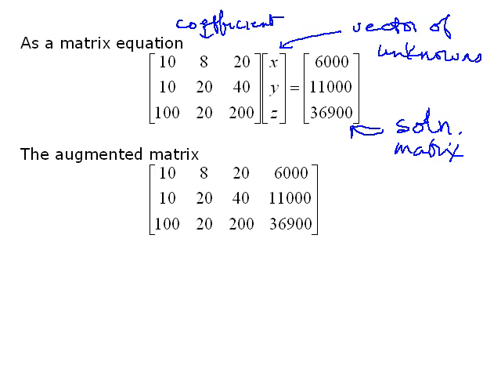And this is a matrix equation. It has an equal sign. So out of this matrix equation, I form the augmented matrix by taking the coefficient matrix and the solution matrix and putting them together. Again, in practice, I usually put a dashed line here just for my sake, but the word processors can't do that.